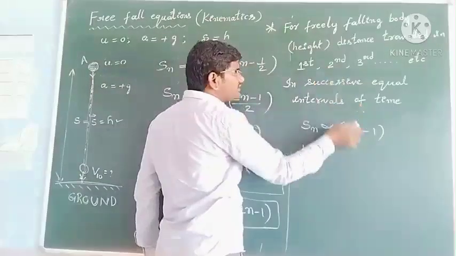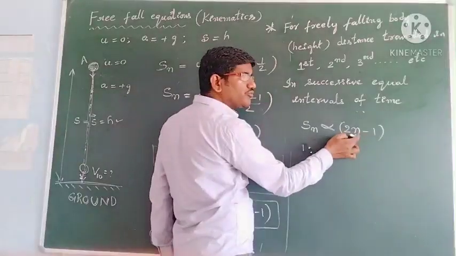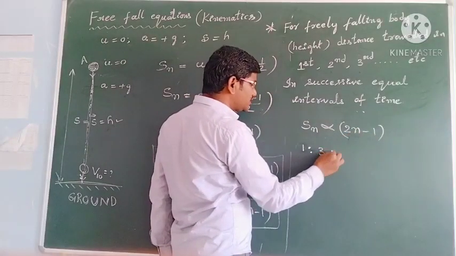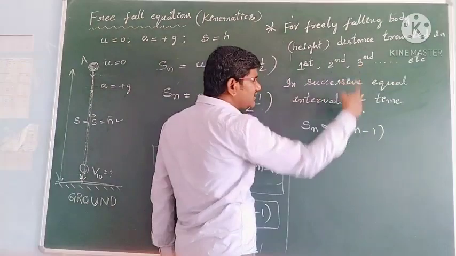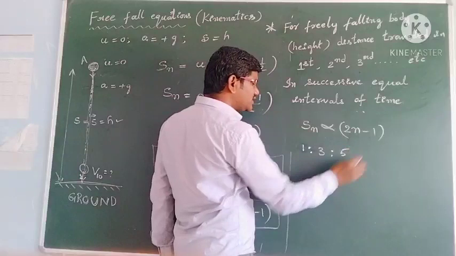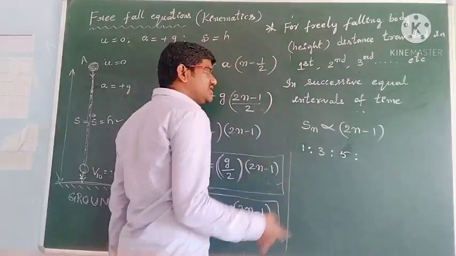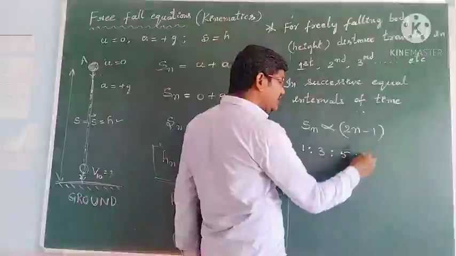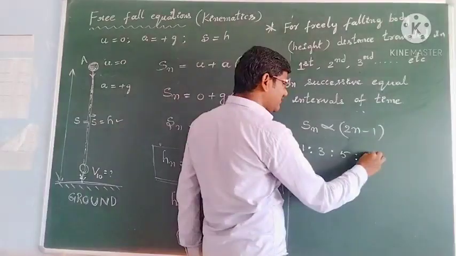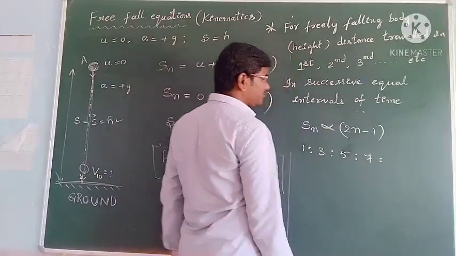And the second second, n value 2: 2 into 2 is 4, 4 minus 1 is 3. Similarly 3: 3 into 2 is 6, 6 minus 1 is 5. And in the fourth second, 4 into 2 is 8, 8 minus 1 is 7. So the ratios are 1, 3, 5, 7, etc.